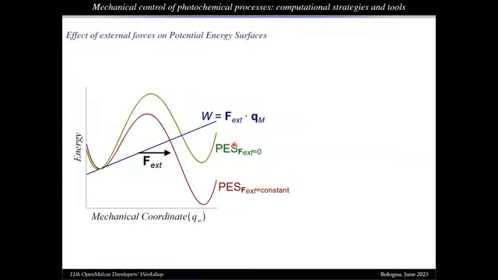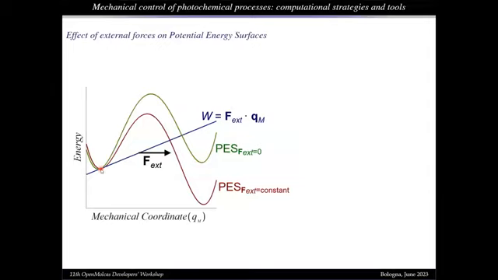Here in the 1D example, it's easy to see how the topology of this potential energy curve is changing. So with zero force, in green, we have the potential energy. We have two minima and a transition state, and if we apply a mechanical force, this curve changes.